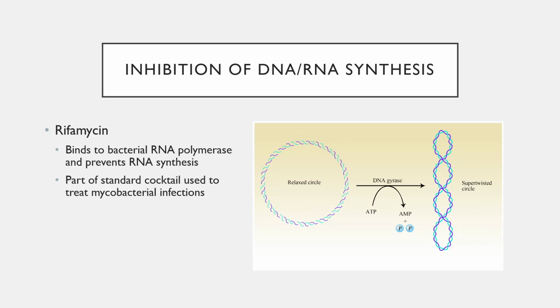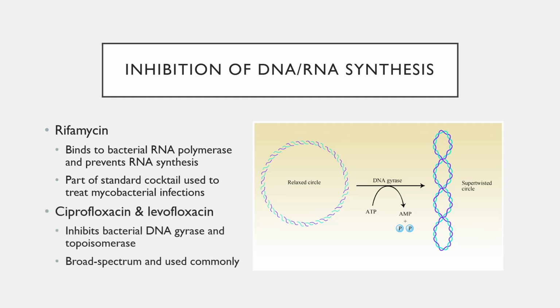This drug is most often used as part of the standard cocktail used to treat mycobacterial infections, along with the mycolic acid inhibitors that we previously saw. Ciprofloxacin and levofloxacin also fall into this category, but they work in a different way.